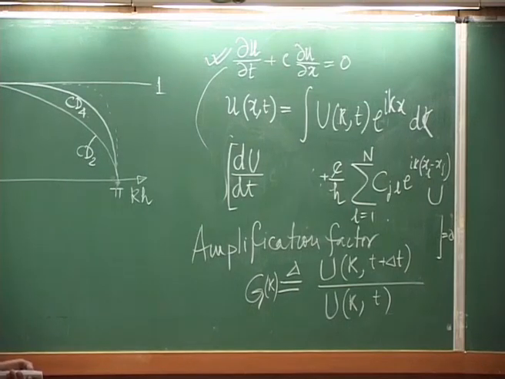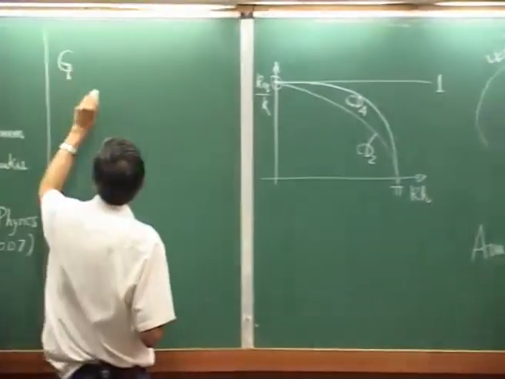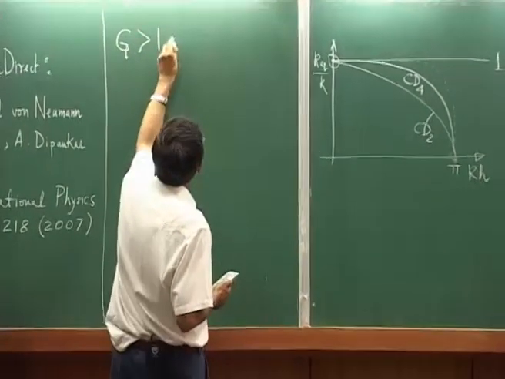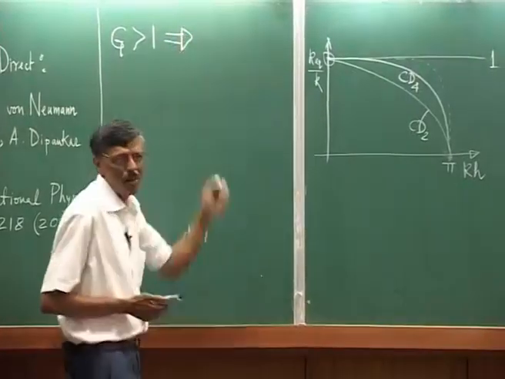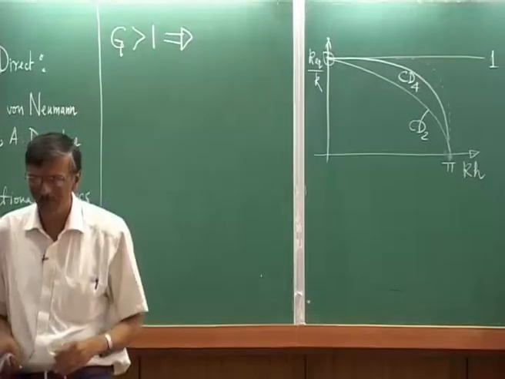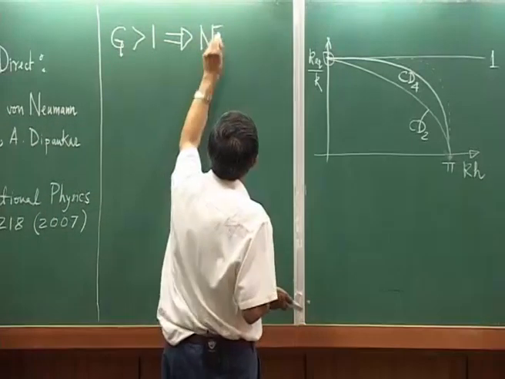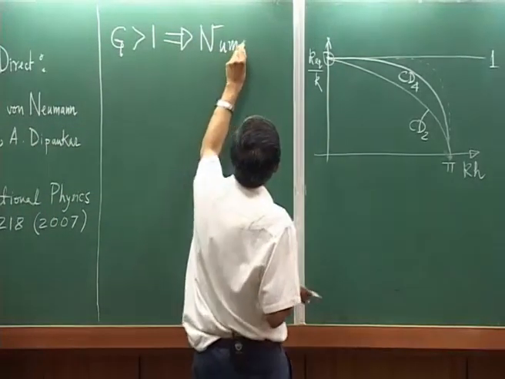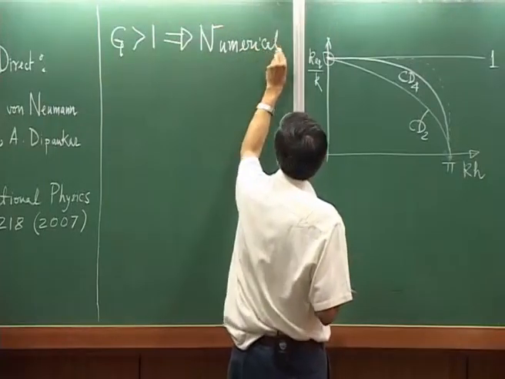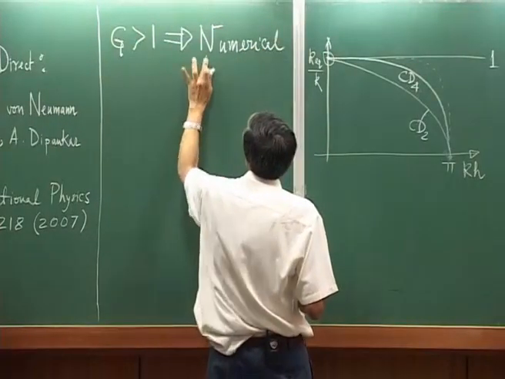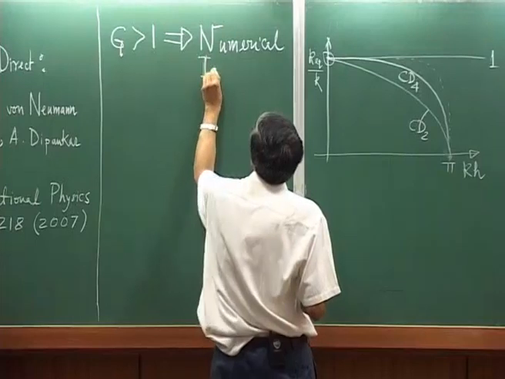What does this mean? Look, if I have g greater than 1, what does it imply? It implies the solution is growing with time. Okay? So, that I will call it instability. Since this is an artifact of a numerical activity, I will call it numerical instability.